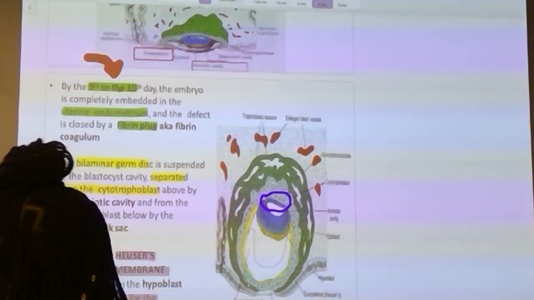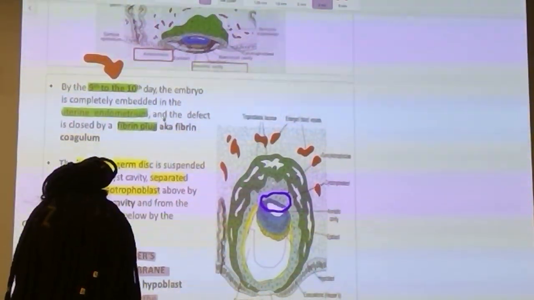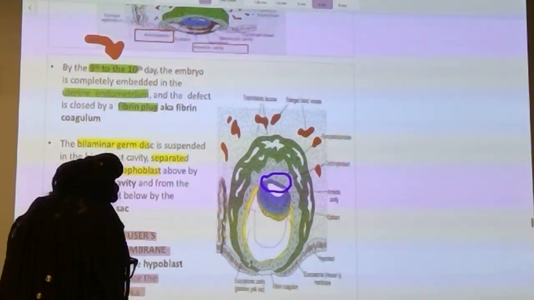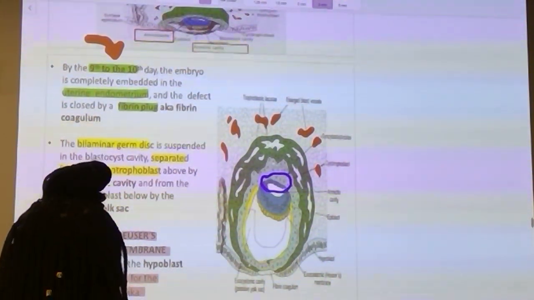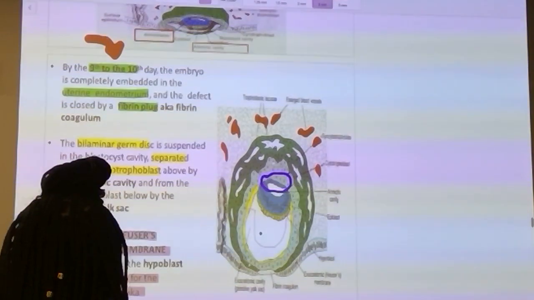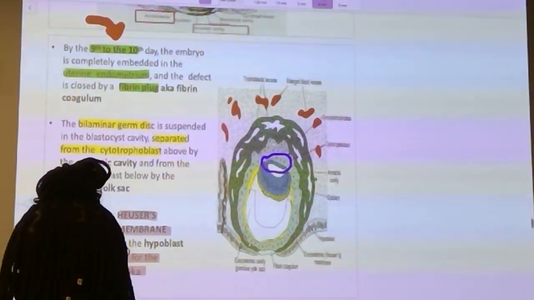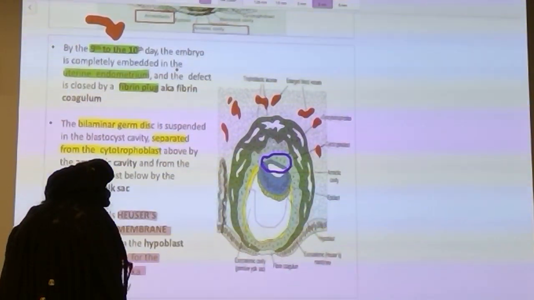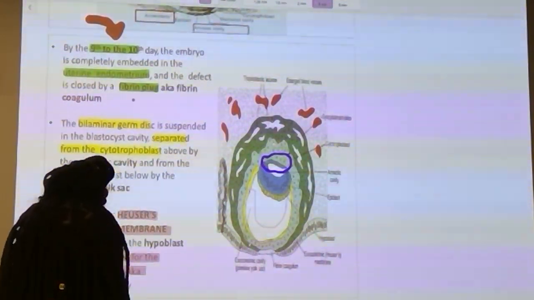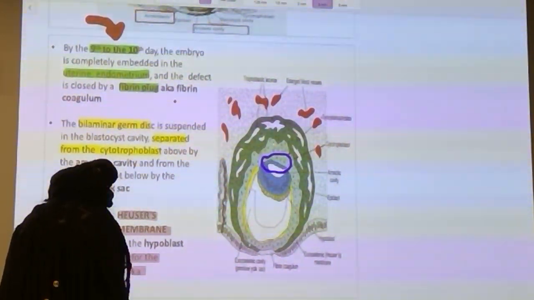At the 9th to 10th day, the fibrin plug forms, and this is when the embryo fully penetrates into the endometrium. If she asks what stage the embryo is at the formation of the fibrin plug, it's a blastocyst.